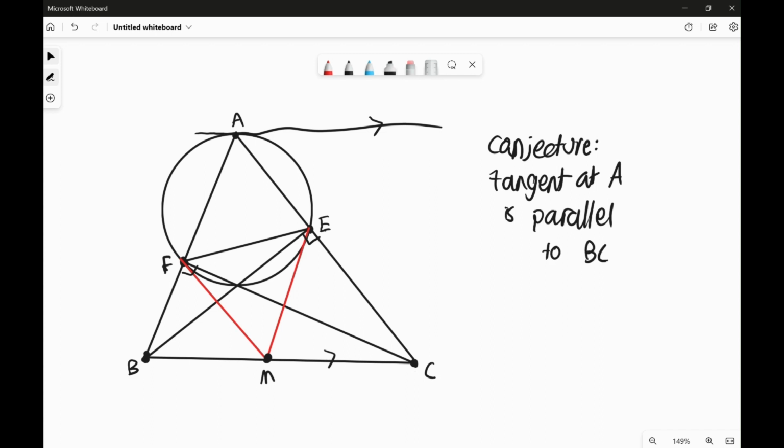Well, how do we go about proving this? Well, we know that if there's a point X here, then we want to prove, with a similar method to what we did earlier, that directed angle XAE is equal to directed angle AFE.